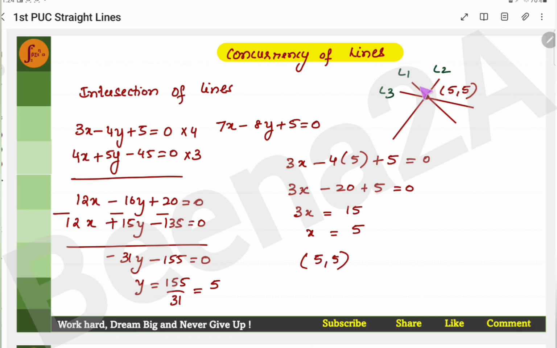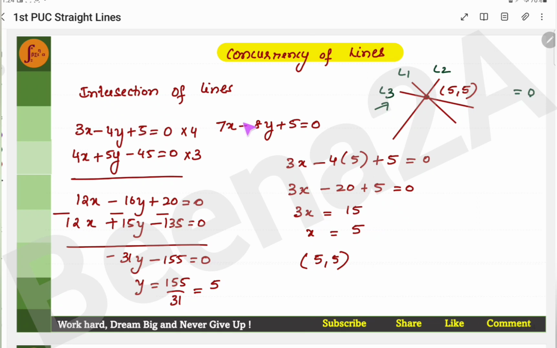You find the intersection point. So you get some intersection point 5 comma 5. Say for example, you put this 5 comma 5 in the equation of L3, and it should give the value as 0. The equation of L3 should give 0 when you substitute 5 comma 5. So now let's take this example.